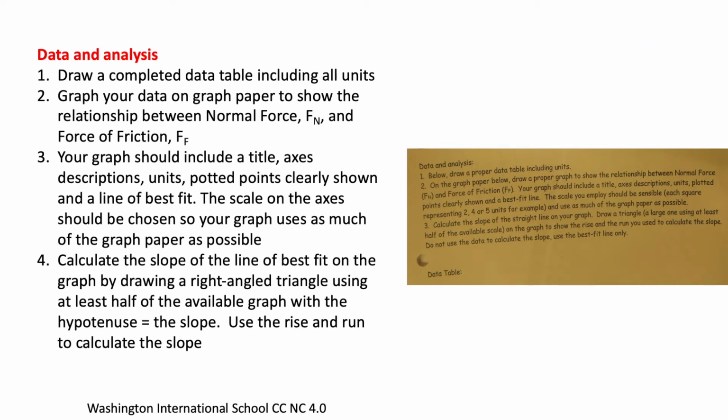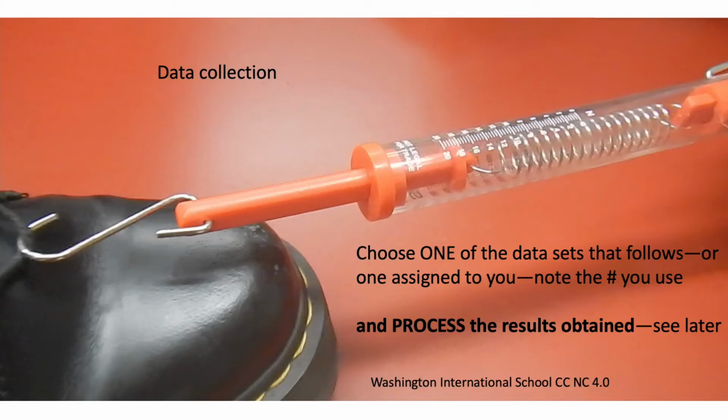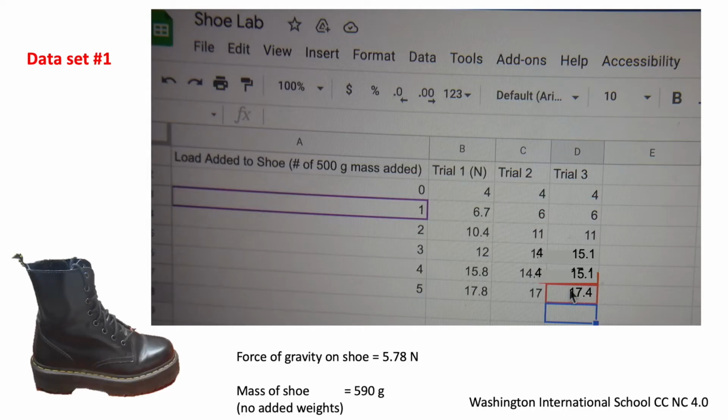And then your data and analysis, and it shows here what you're going to graph and calculating the slope of the line of best fit, etc. Pause for that one. You can either do the experiment or use the data that follows, and choose one of the data sets unless you're told to do more, or if one is assigned to you, but please note the number of the data set that you use, and process the results. You'll see more details in a moment.